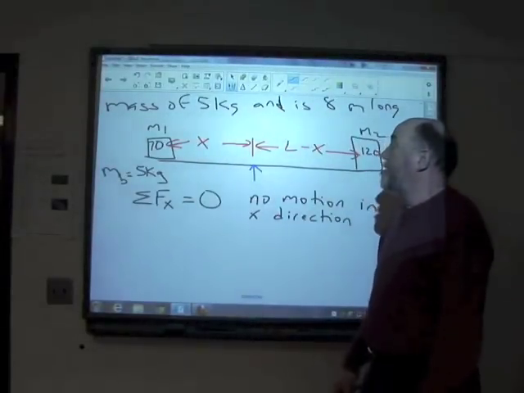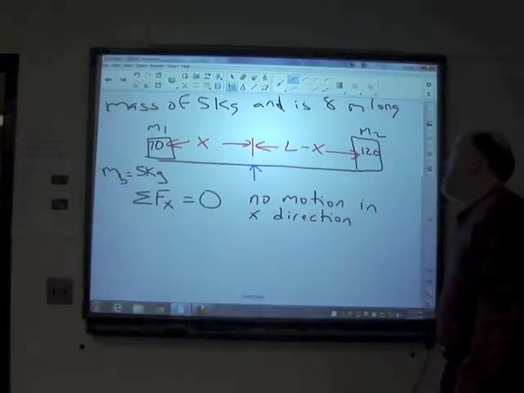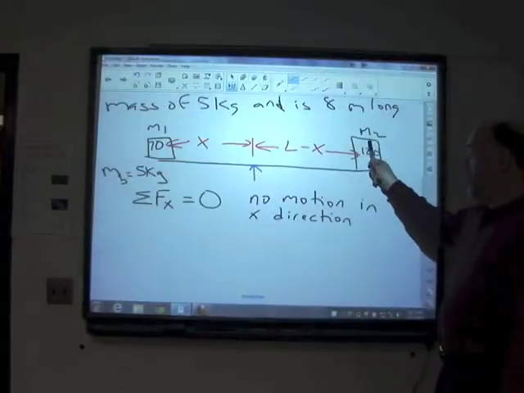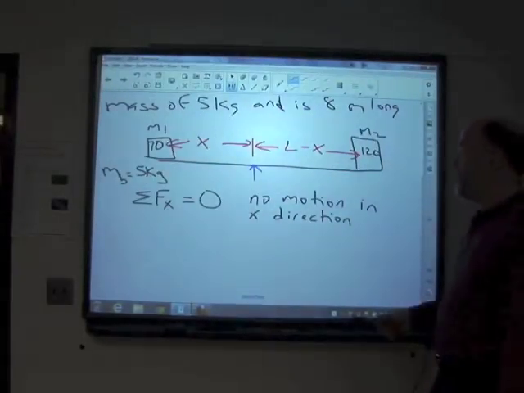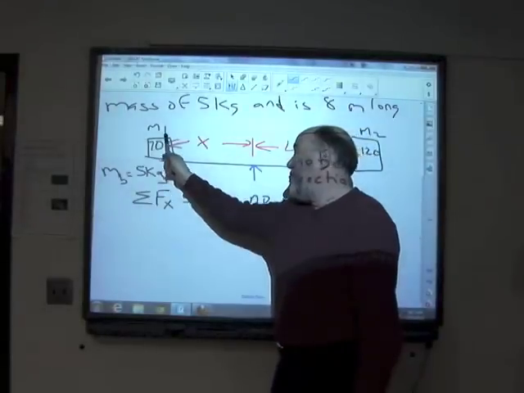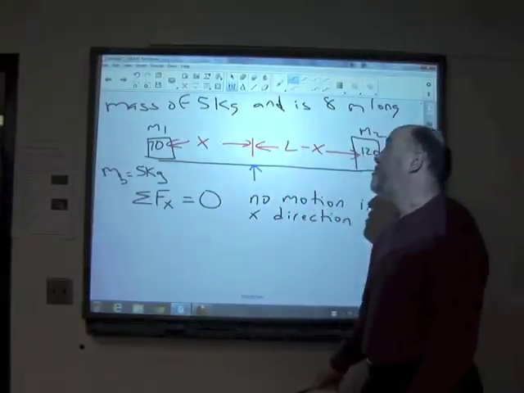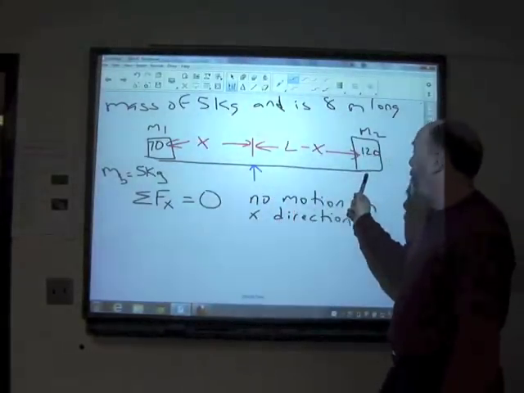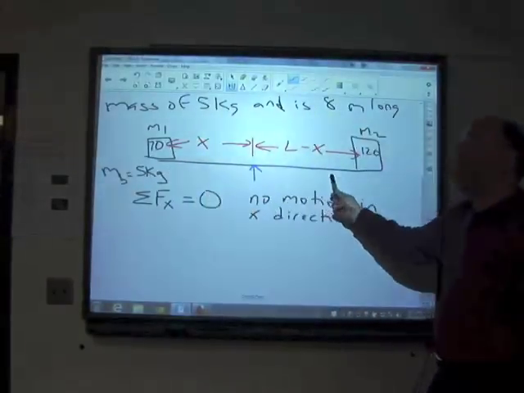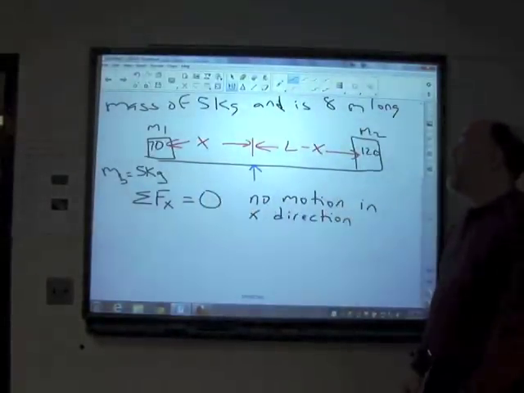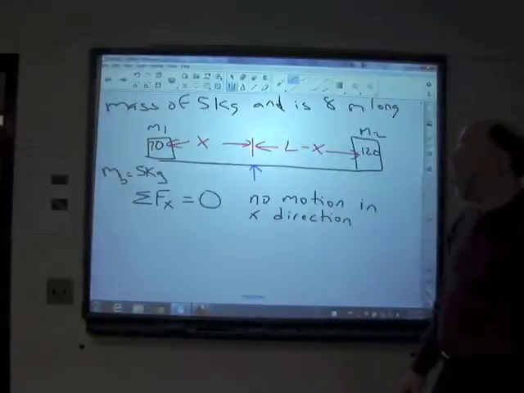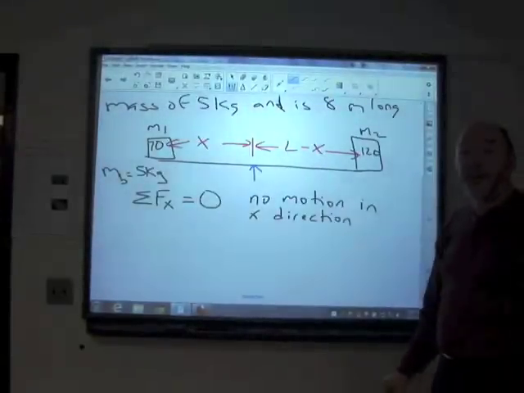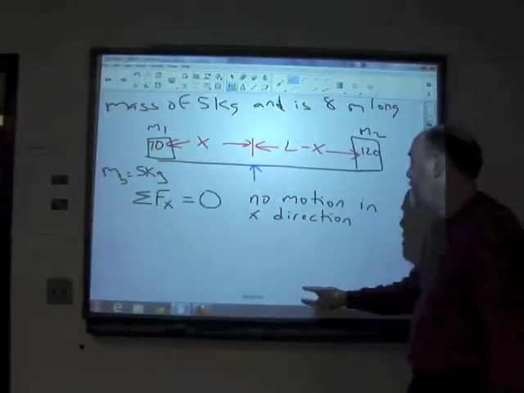So in the y direction, what's going on here? Well, we have the weight of this mass pulling down. We have the weight of this mass pulling down. We have the weight of the entire plank acting in the downward direction. And then all of that has to be balanced out by the normal force.